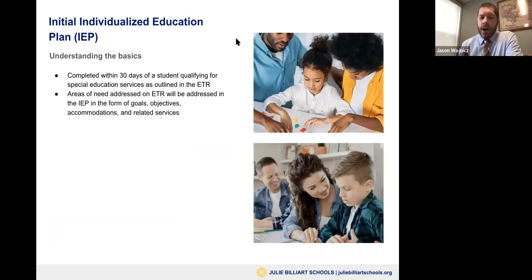Okay, so up to this point, we've been talking about the MFE, the multi-factor evaluation, which eventually turns into the ETR, the evaluation team report.